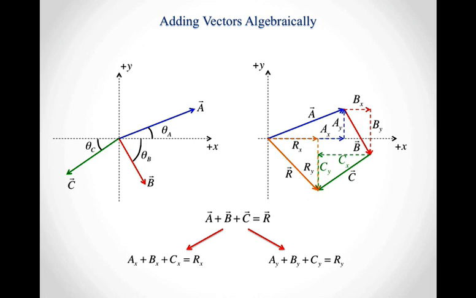But many of you will go on to take classes where you'll deal with three-dimensional vectors. And there, for this vector equation, A plus B plus C equals R, you would have three component equations, one for x, one for y, one for z.